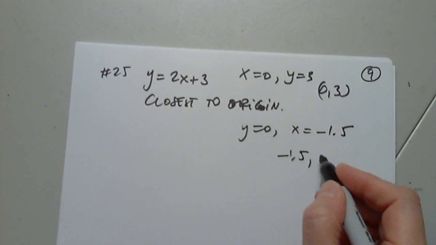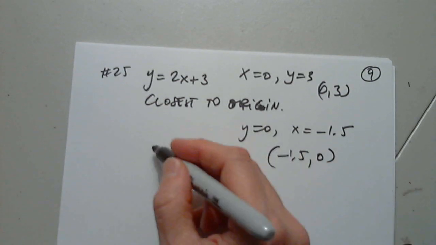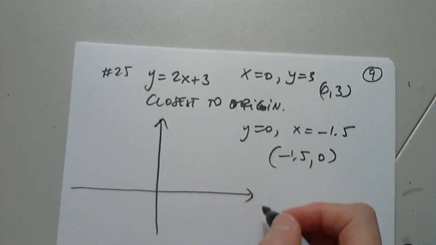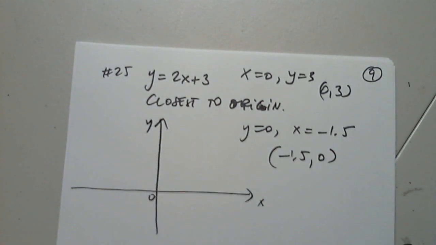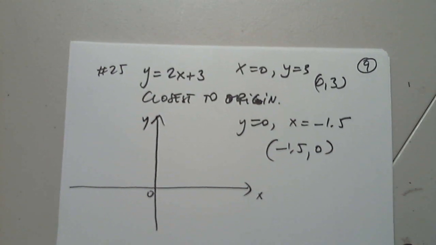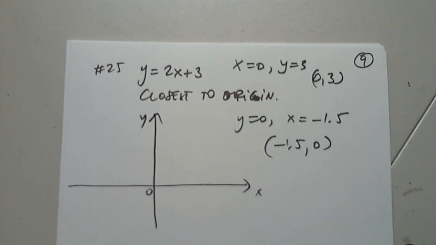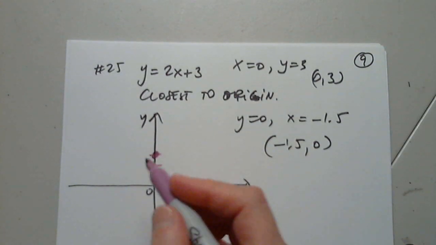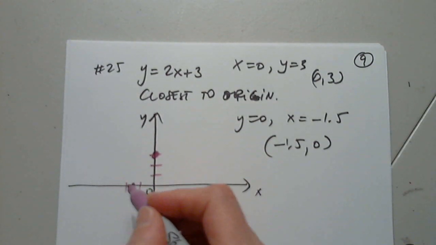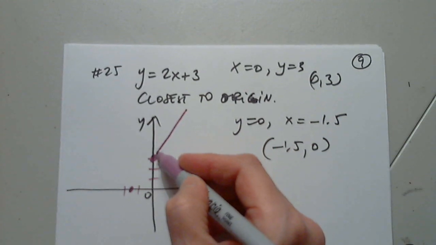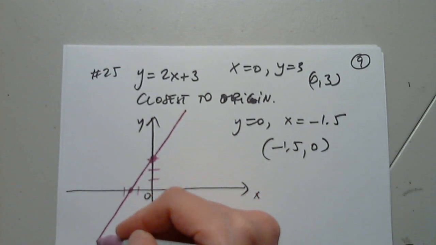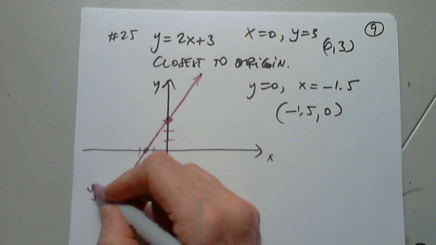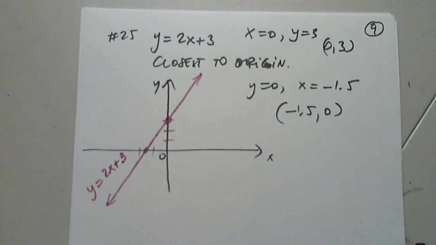So negative 1.5, 0. So when I graph this line, I have the x and y intercepts, 0, 3 and negative 1.5, 0. So this is the line, and this is y equals 2x plus 3.